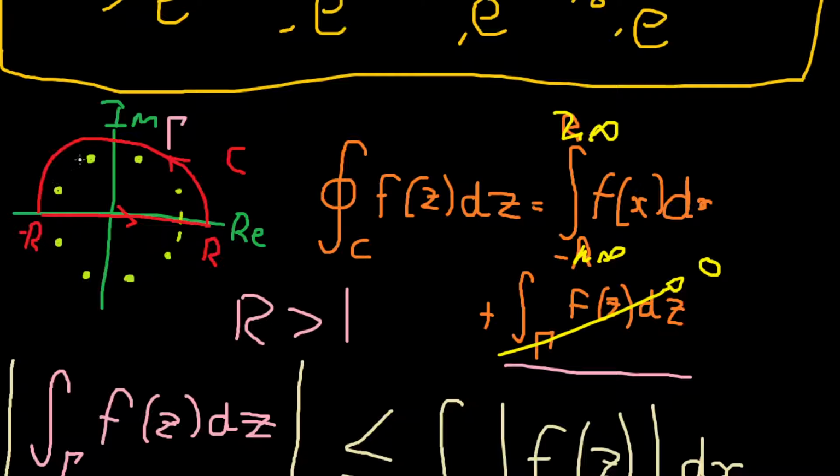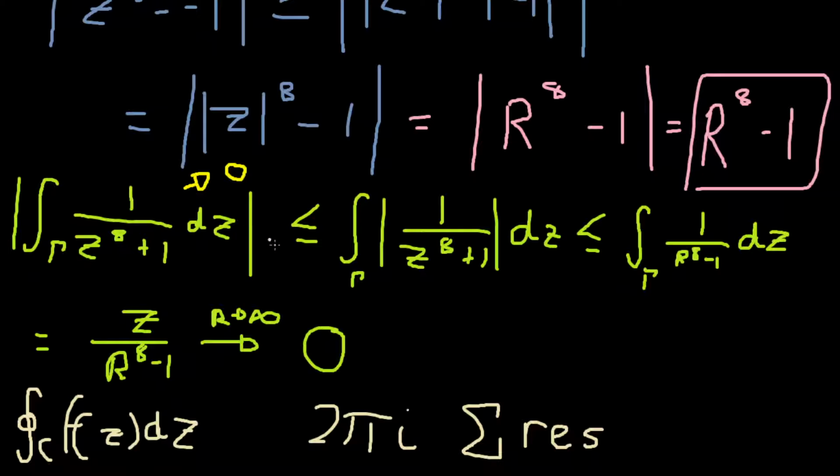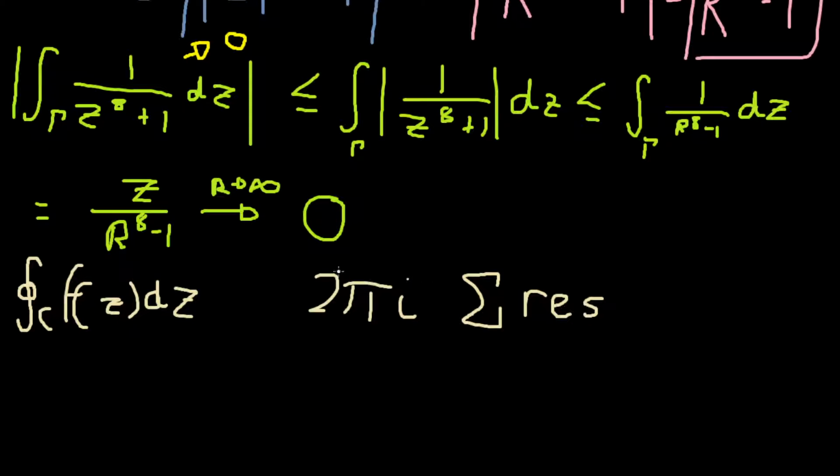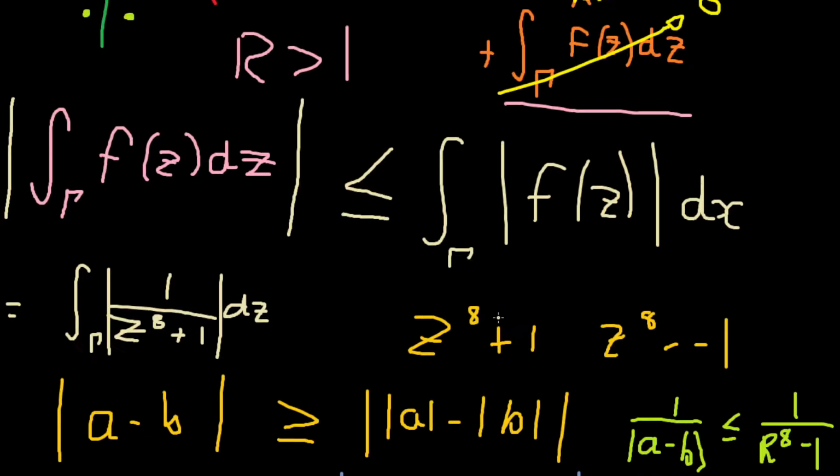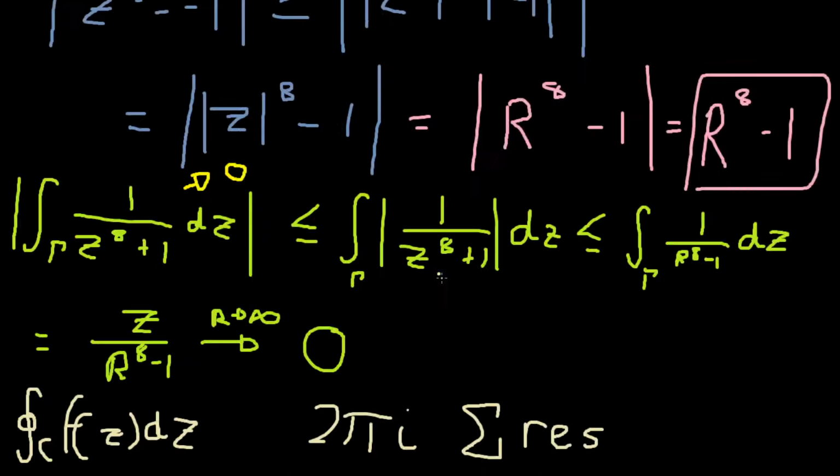And now there are 4 of them here, so we need to calculate the residues at each one of these points, and finally the value of that we multiply by 2 pi i to get a final answer to the original integral, because these two are equal.